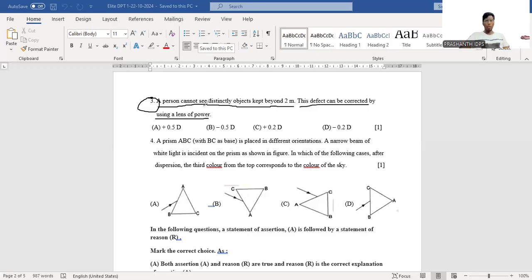As we know, a person who can't see far objects has the defect myopia. Sometimes in the exam, they will give the sign also. If the sign is negative, then the defect is myopia. Remember it.